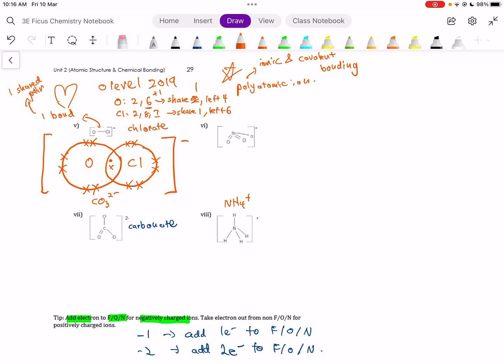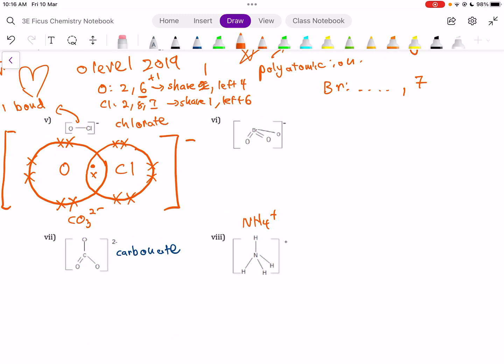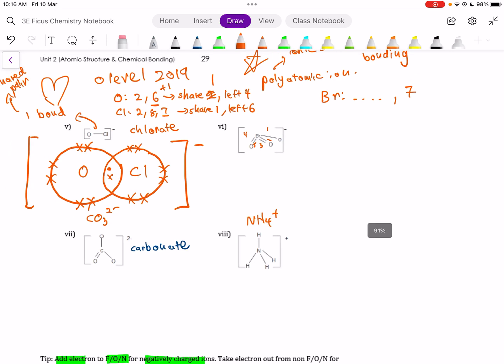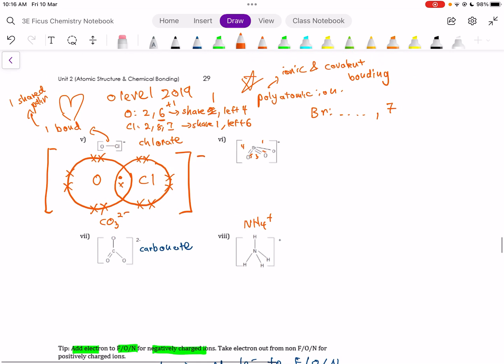It's a bromate ion, very unique. If you look at it, bromine is beyond the first 20, with 7 outer electrons. Based on this, you can see it actually shares 5 electrons: 1, 2, 3, 4, 5. So 5 bonds around it. This one is a bit more special, just for exposure's sake.